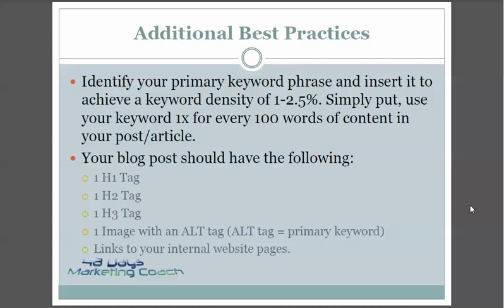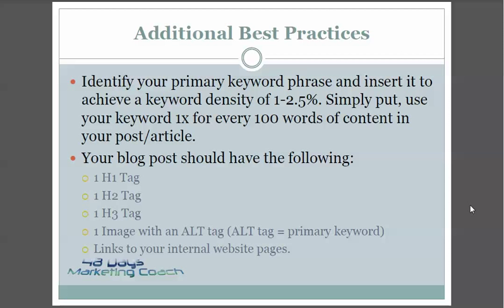And simply put, use your keyword at least one time for every 100 words of content in your post or article. Okay. Your blog post should have the following: one H1 tag, one H2 tag, one H3 tag, and one image with an alt tag behind the image.